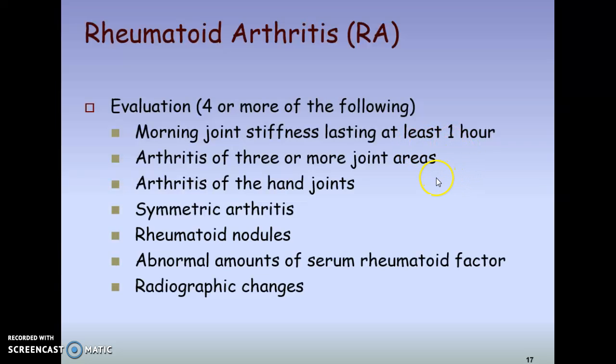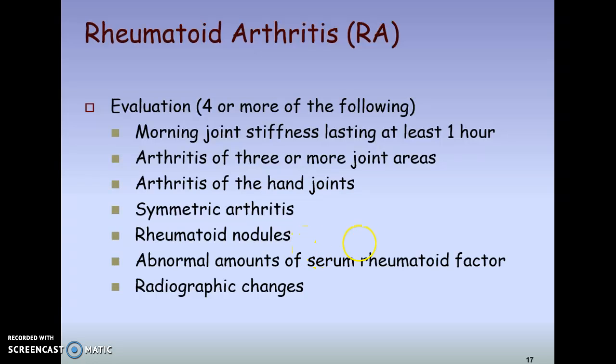You have arthritis in 3 or more joint areas. Typically, you're going to see the arthritis in the hand joints. It's going to be symmetric, meaning if you have it in one hand, you're going to have it in the other hand. You have rheumatoid nodules, and the rheumatoid nodules are a little different than what you see with OA, in that these rheumatoid nodules can actually appear anywhere on the body.